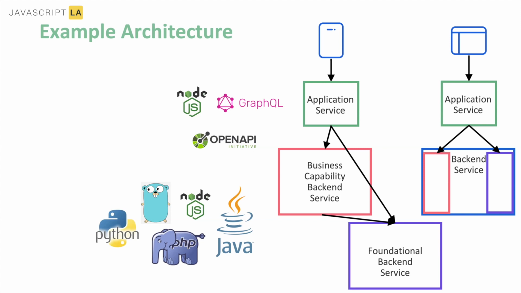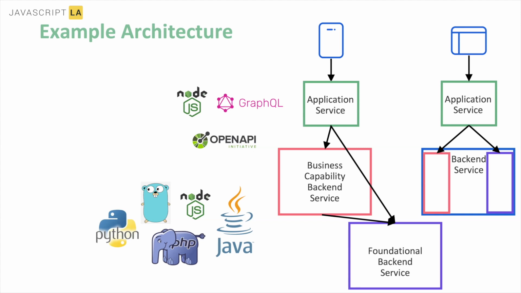It's pretty common to use OpenAPI here, but again, it could be GraphQL or something else as your contract layer between the application and the business capability services. And then you're going to have your business capability and foundational capability services built in any number of typical backend languages.